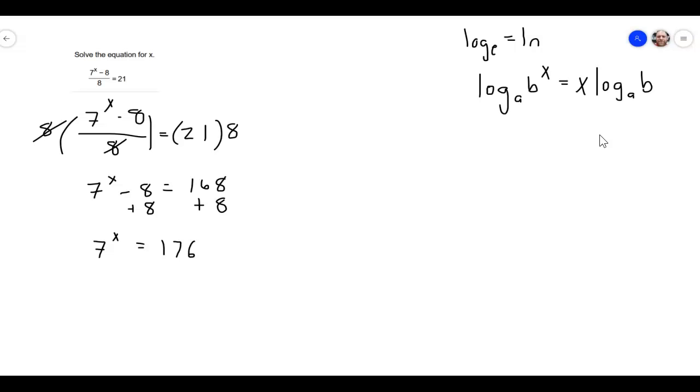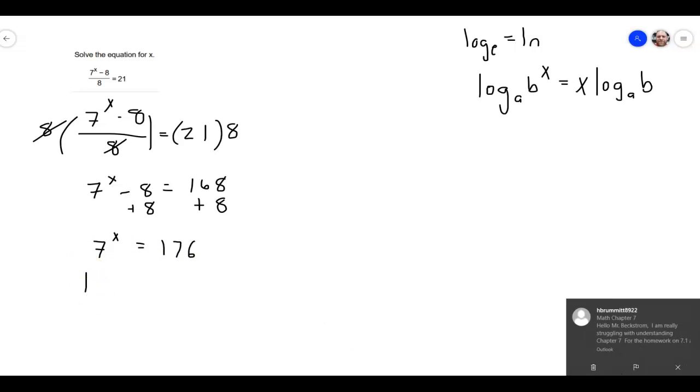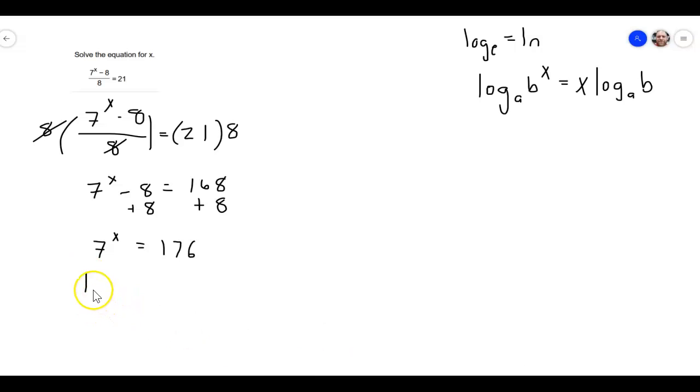So one thing I can do to both sides, just like you can add or subtract or multiply both sides by something, is I can take the natural log of both sides, or I can take the log base 10. But in this case, I'm going to take the natural log of both sides. So I'm going to take the natural log of 7 raised to the x is equal to the natural log of 176.